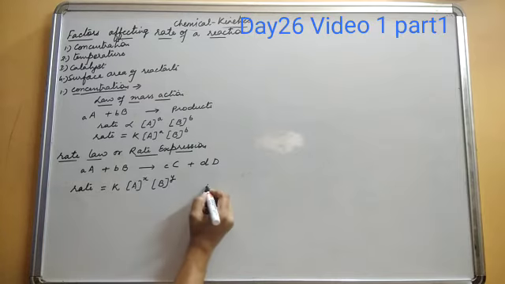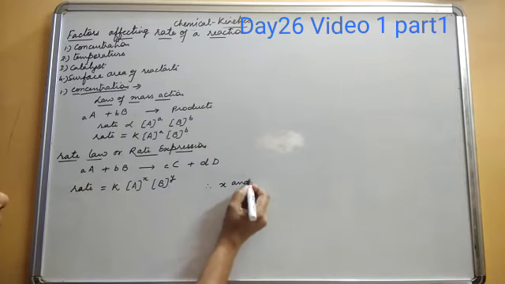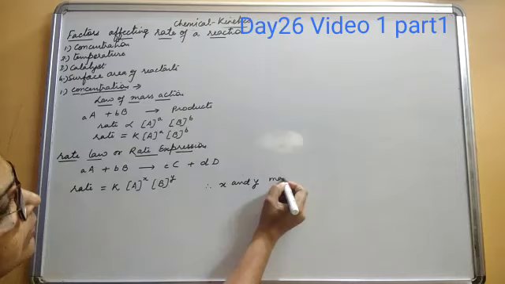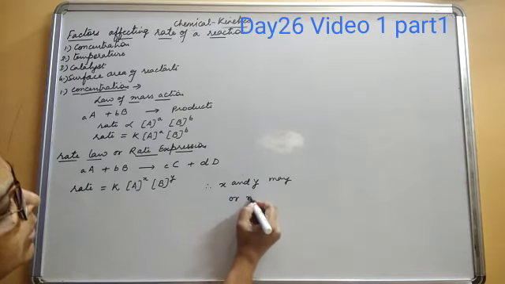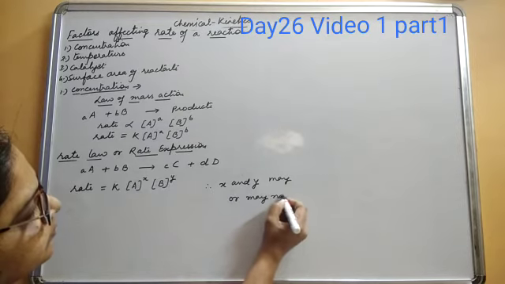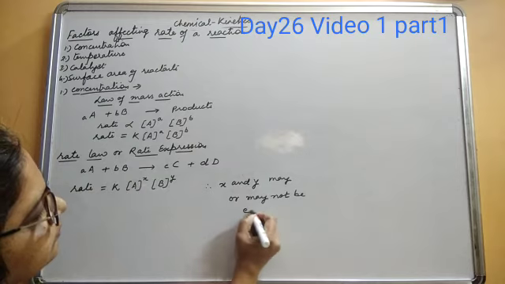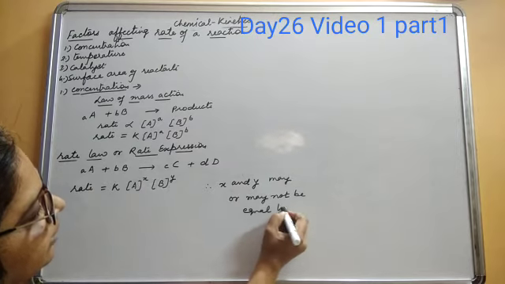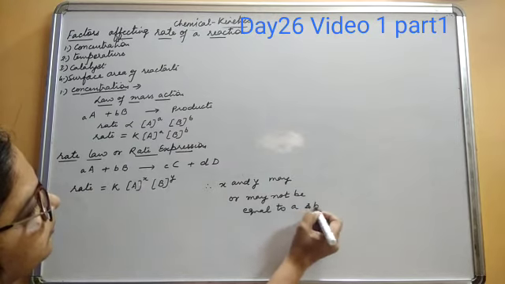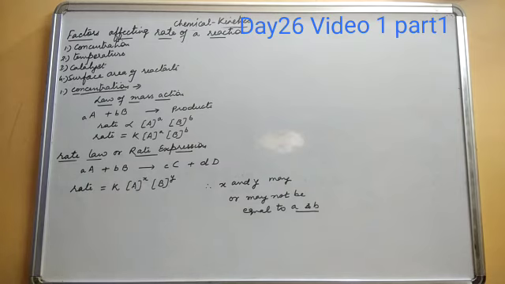So therefore x and y may or may not be equal to a and b. a and b are theoretical stoichiometric constants from the balanced chemical equation, while x and y are experimental. So this is the rate law where these x and y are experimental.